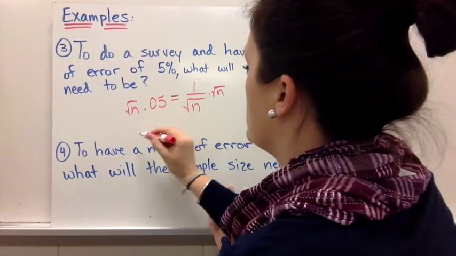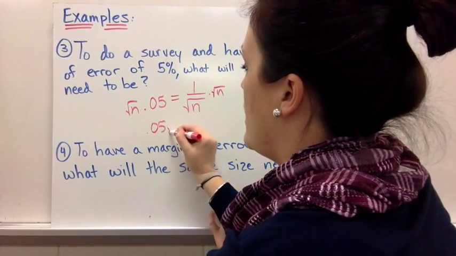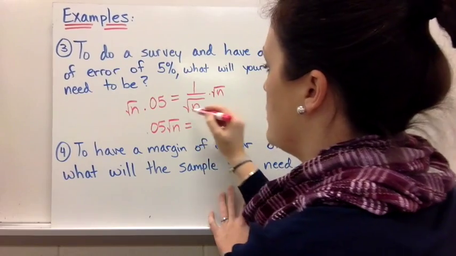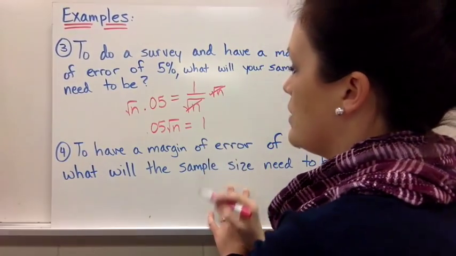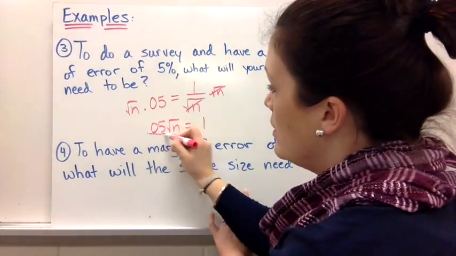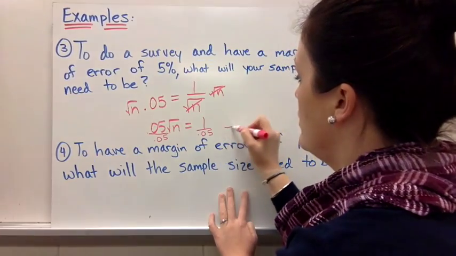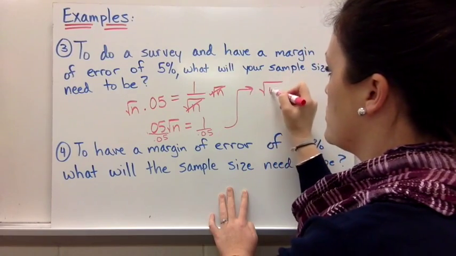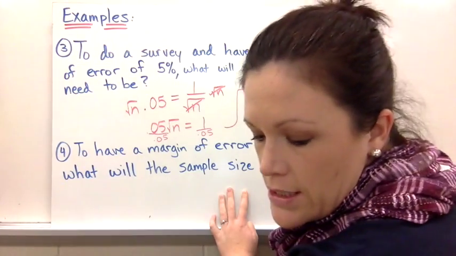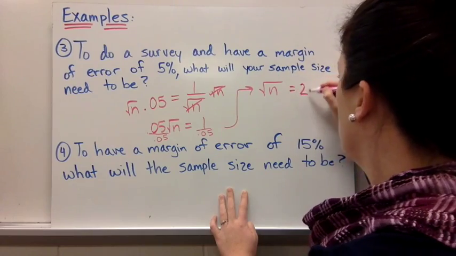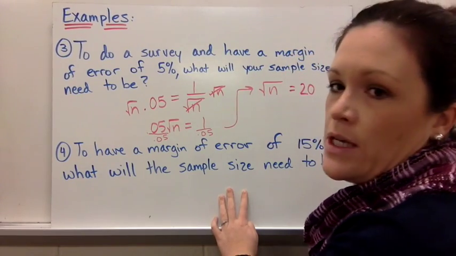So I would have 0.05 square root of n equals, and then these two cancel out, so that just equals 1. Then I could divide both sides by 0.05, and I'm going to carry on over here. So we have the square root of n is equal to 20. But then I don't want the square root of n, I want n.